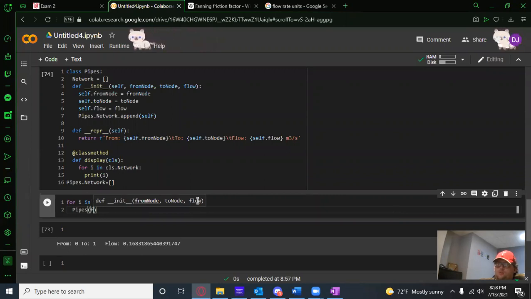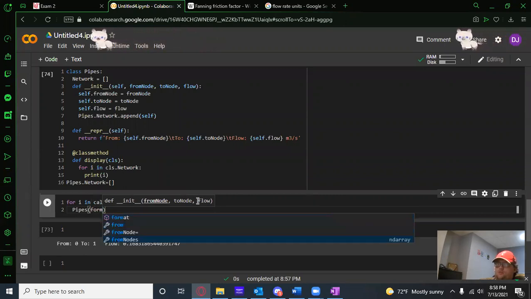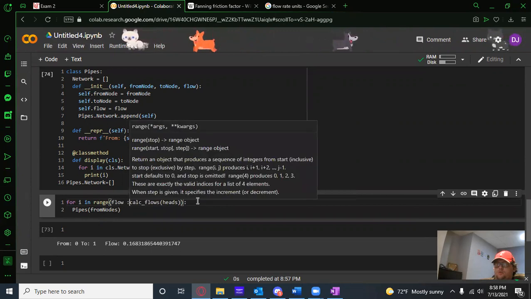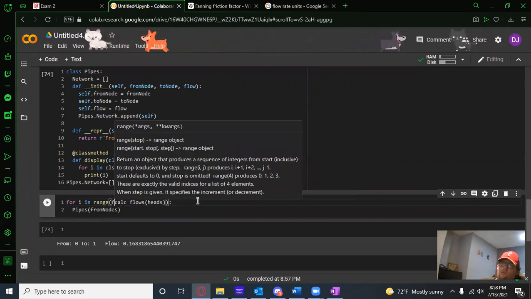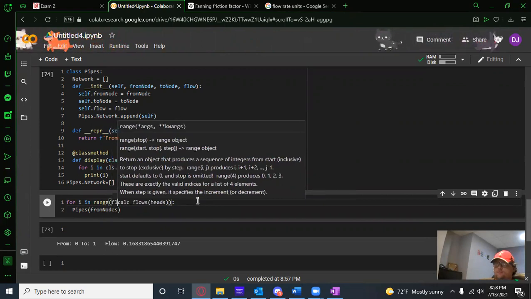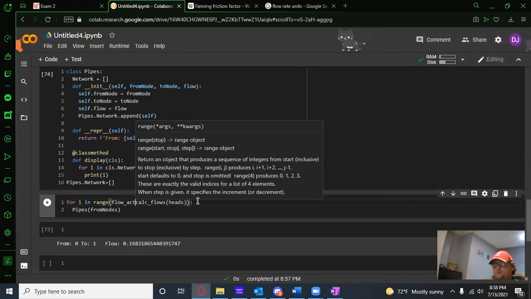So our from nodes, range, oh, let me think about this for a second.